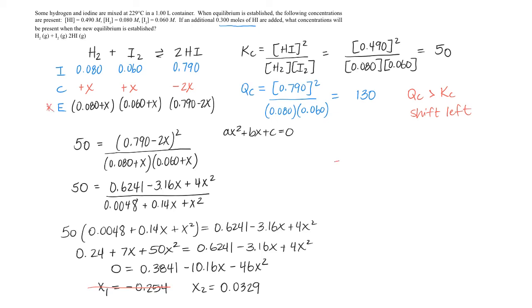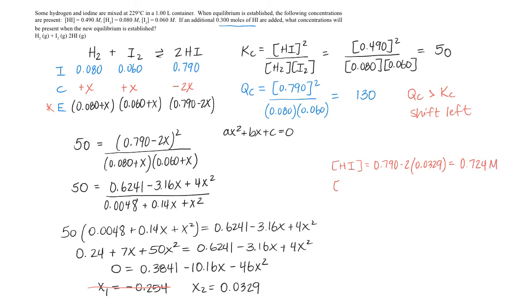So the concentration of HI at equilibrium will be 0.790 minus 2 times our value of x, 0.0329, which equals 0.724 molar.